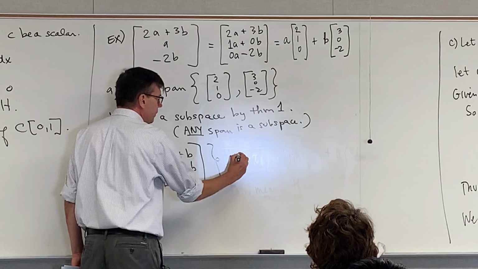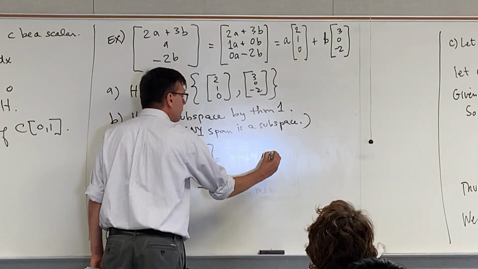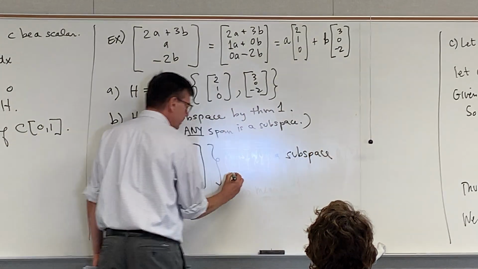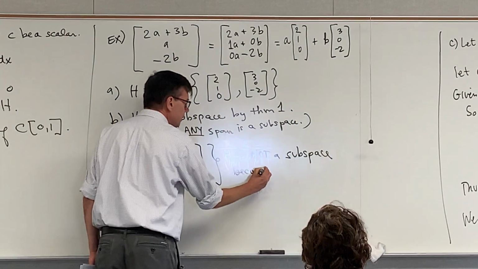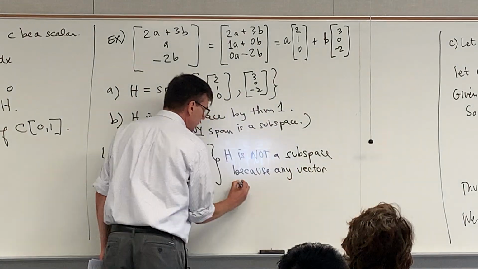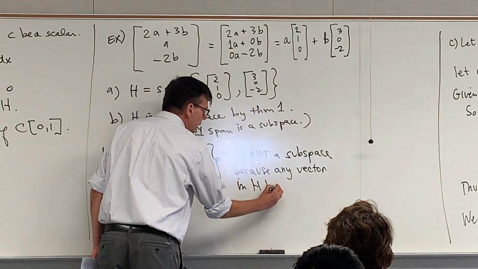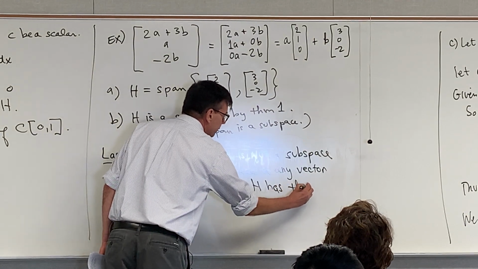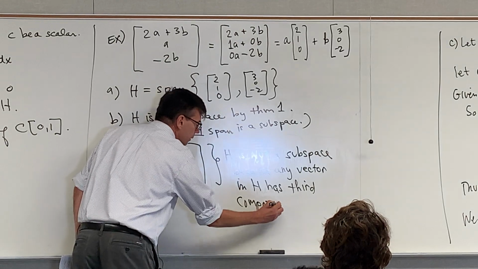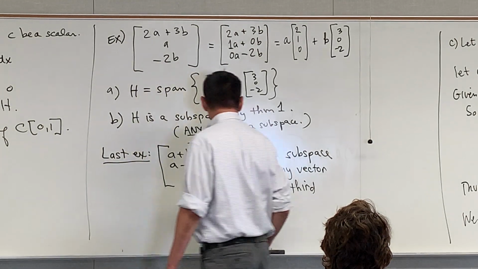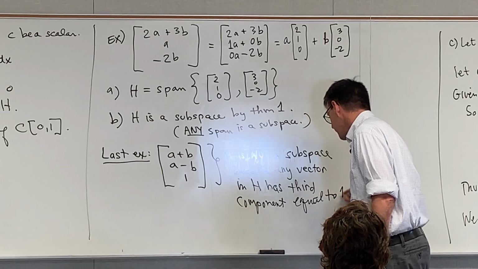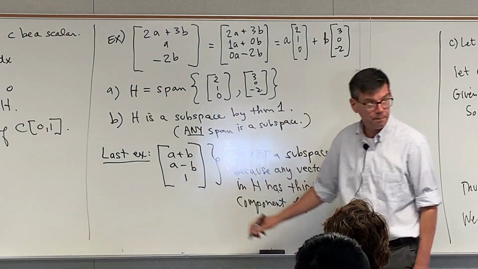H is not a subspace. And there's an easy reason why. H is not a subspace because any vector in H has third component equal to 1. It has to have a 1 in the third component.